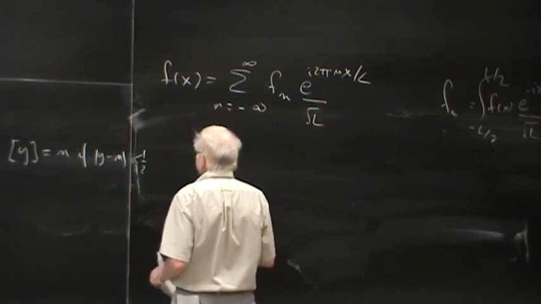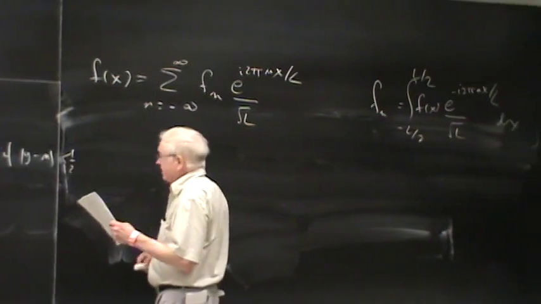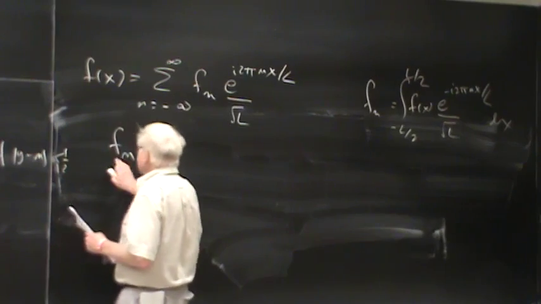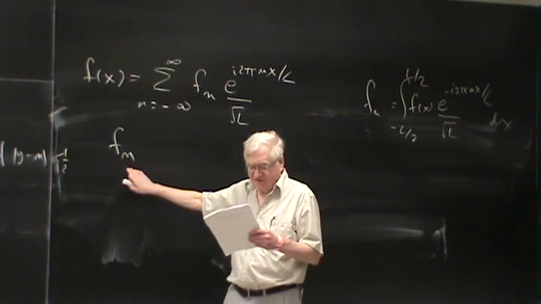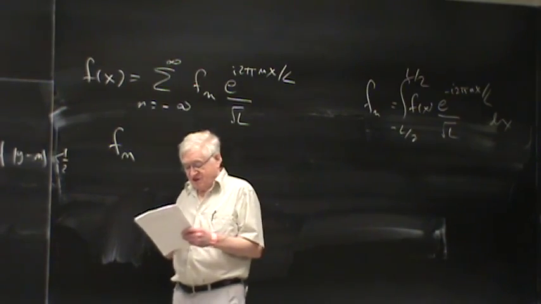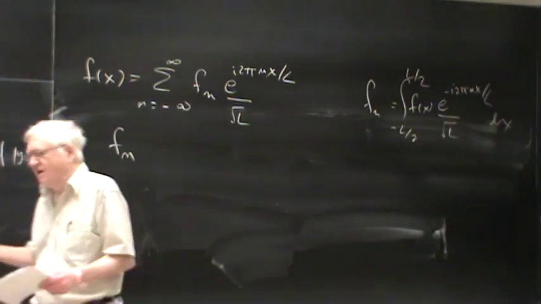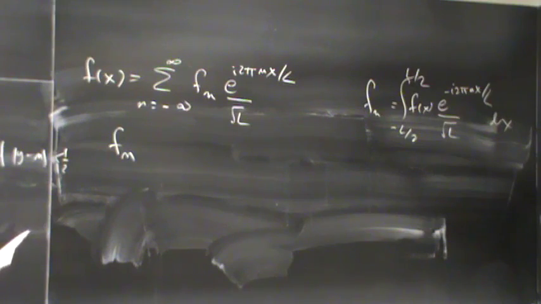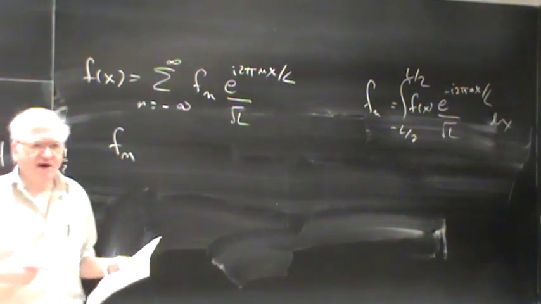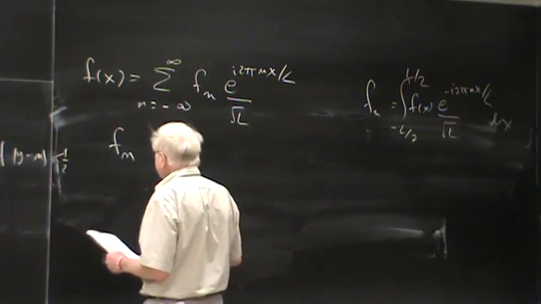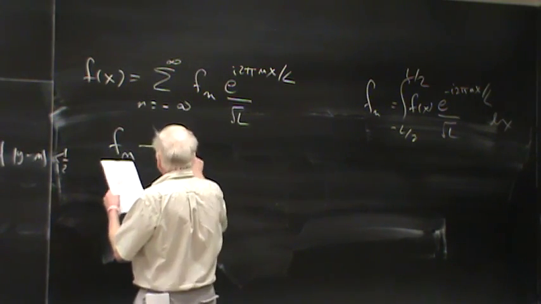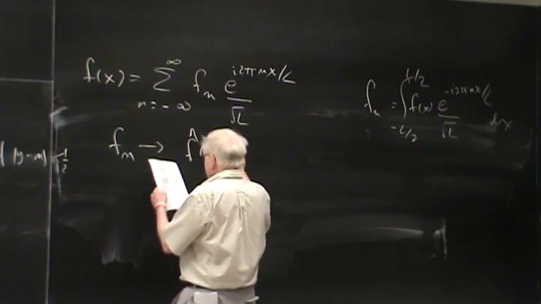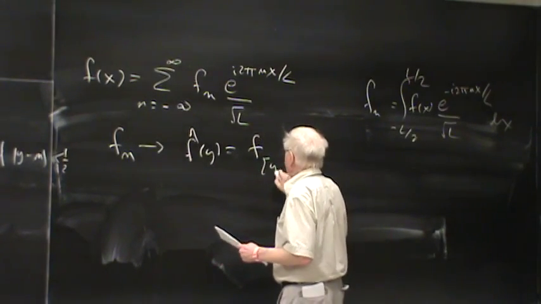And what I'm using this for is to convert f sub n, which is a function that maps the integers into the real numbers, into a function, and I say here in the text, a continuous function. Duh, it's not continuous. In fact, it's just a function of a continuous variable, y. So I go from that to f hat of y, which is f of the nearest integer of y.